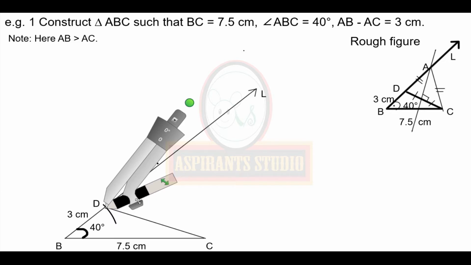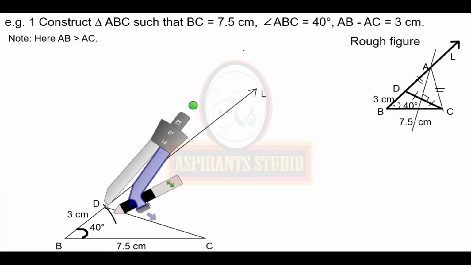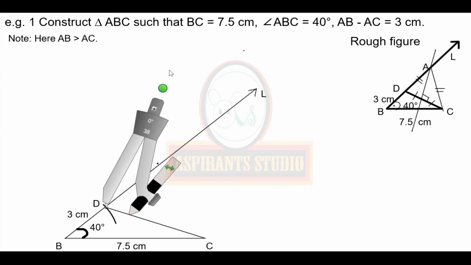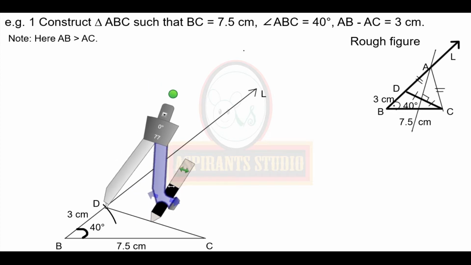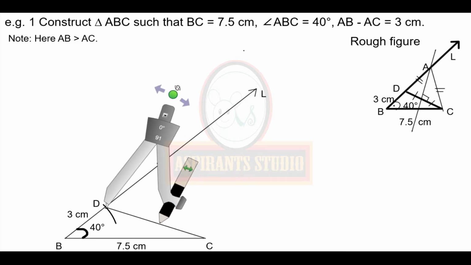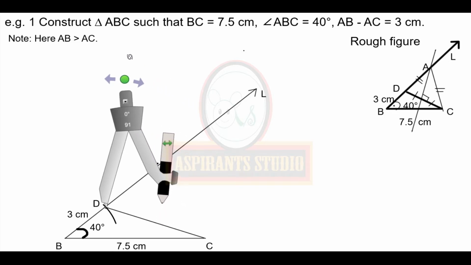First, draw the perpendicular bisector to segment DC. How to draw the perpendicular bisector? It should be perpendicular as well as it should bisect the segment DC.